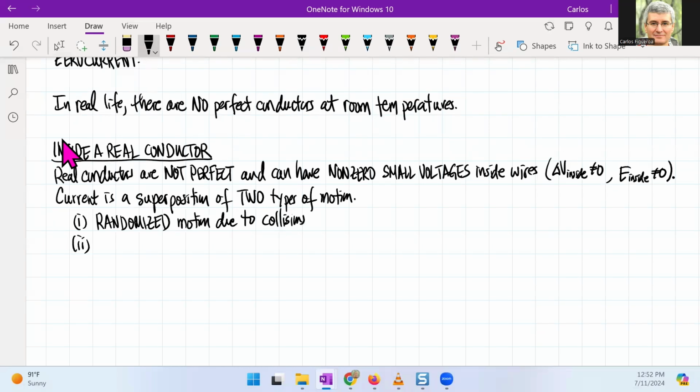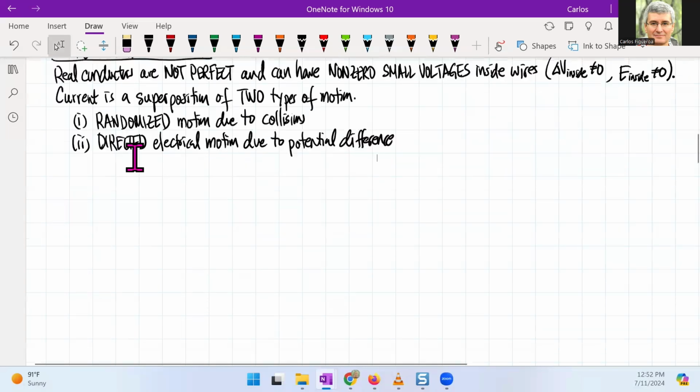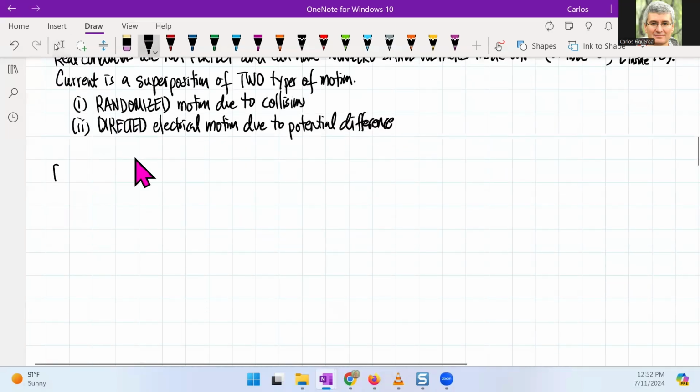And then the second one is a directed electrical motion due to potential differences. So let's look at that. Let's first start talking about randomized motion.